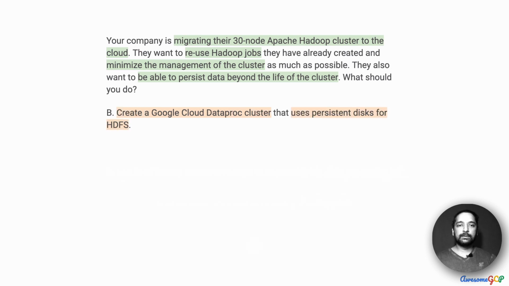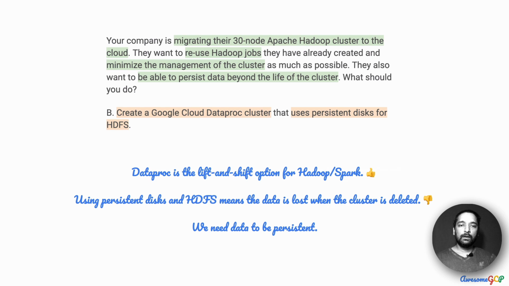Option B suggests that we create a Google Cloud Dataproc cluster that uses persistent disk for HDFS. So we already discussed how Dataproc is the right solution when you want to migrate Apache Hadoop to Google Cloud without having to change a lot of code. So that is a good start.